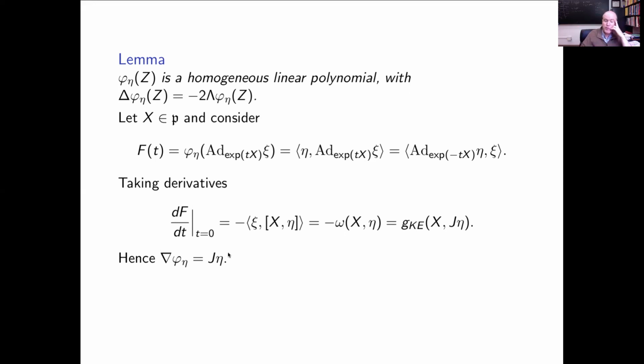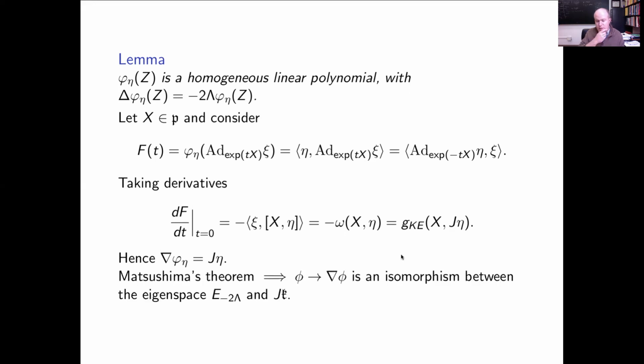And so the derivative of this function is given by evaluating the metric by putting x in the first slot and Jη in the second slot. However, this is how you would usually talk about the gradient of a function. So this is telling us that the gradient of our function φ is given by this quantity Jη, where η is a Killing field.